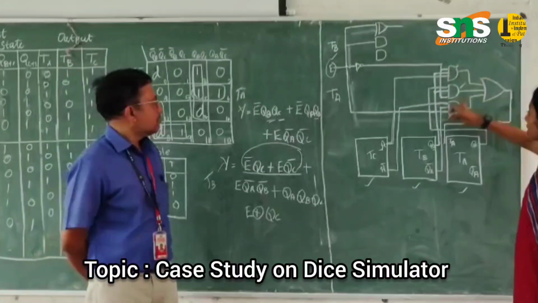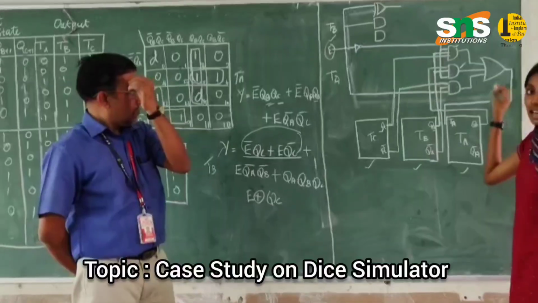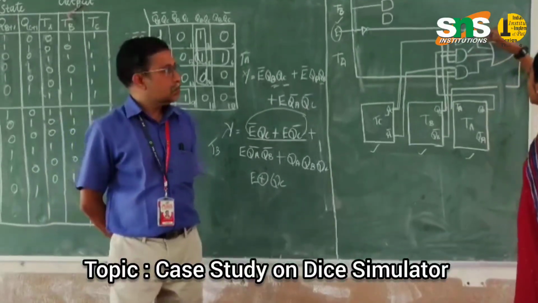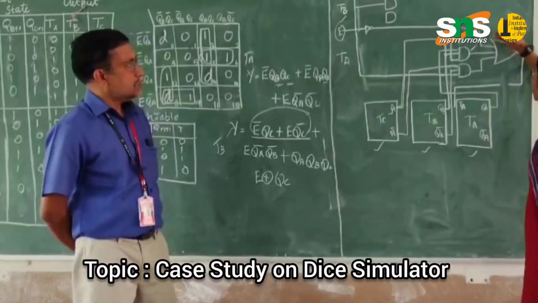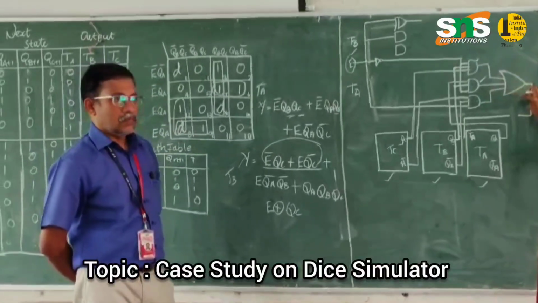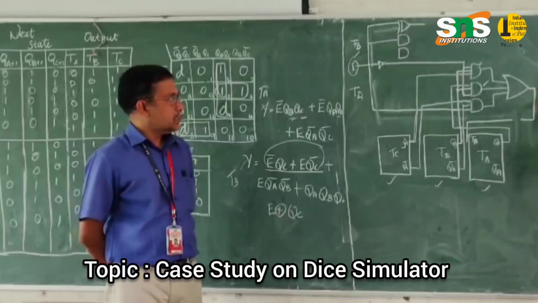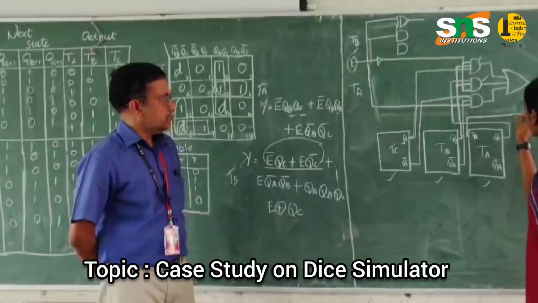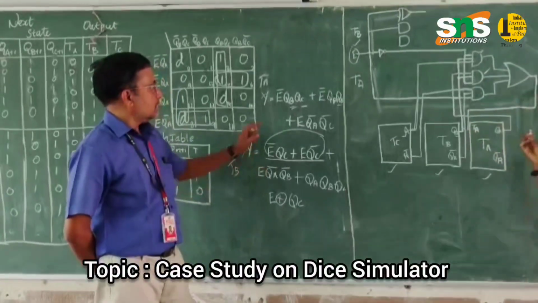Likewise I have connected all these AND gates, and at the end I have connected an OR gate to get the resultant answer, and its output goes to TA.